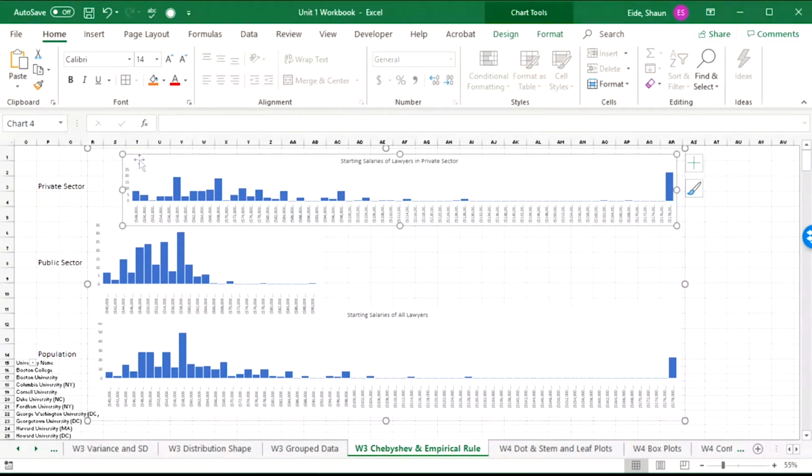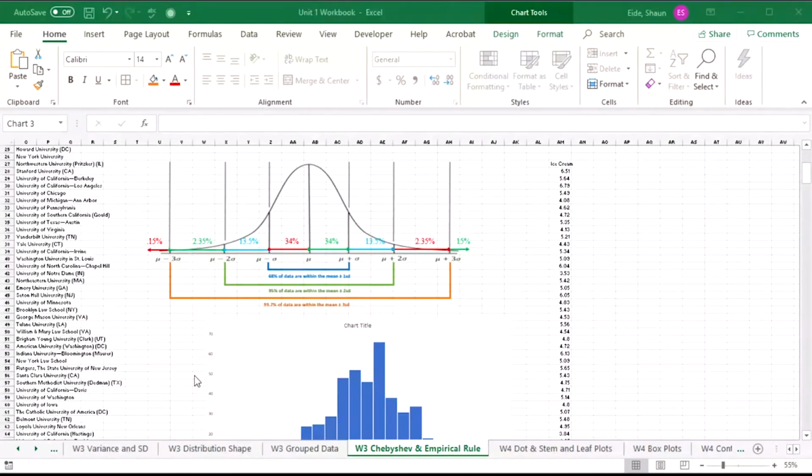And so what that did is that gave me an actually pretty decent distribution that I could almost consider to be almost normal. And so I would be able to analyze the public sector data very easily using a lot higher quality tools, such as the empirical rule. The empirical rule says if your data is normally distributed. What does normally distributed mean?